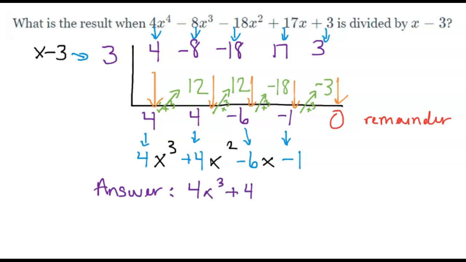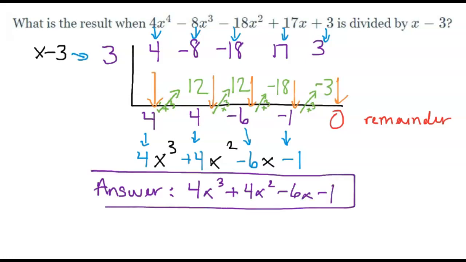What is the result after we divide by x minus 3? Since it's a remainder of 0, of course it is a factor as well. Again, synthetic division, nice little shortcut with the coefficients where you can work with the coefficients only. It only works when we're dividing by either an x plus or an x minus factor.